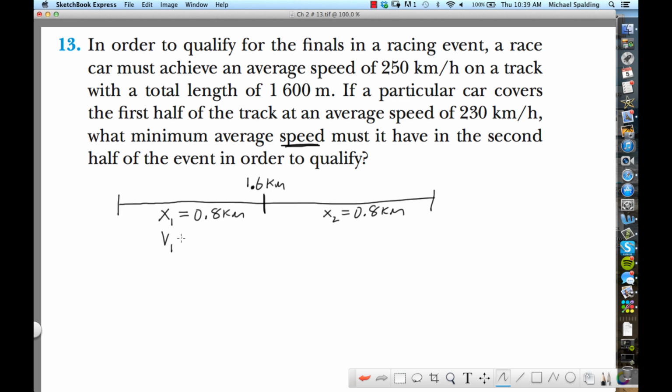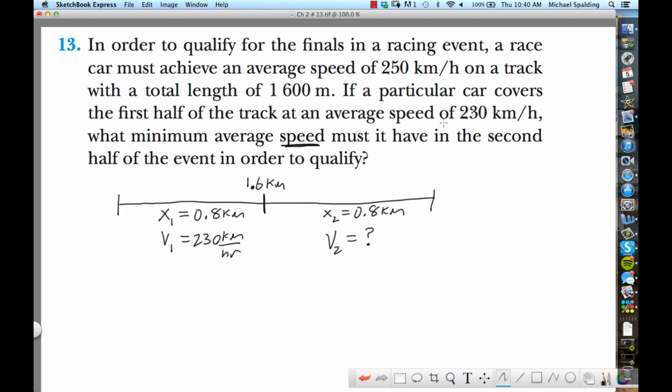All right, so V1, the first half lap is accomplished at an average velocity of 230 kilometers per hour. So notice I'm just laying out all the data so it's more clear. All right, velocity 2 for the second half lap, that's what we're solving for. This is our question mark.